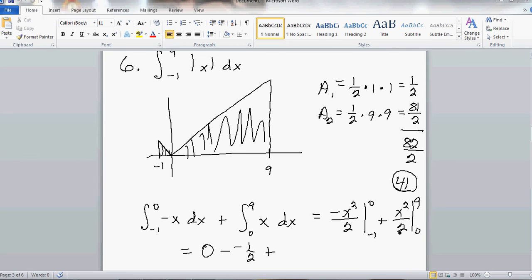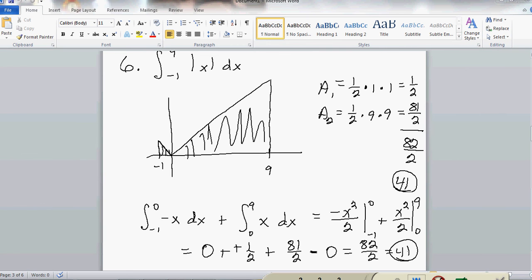Plus, now I need to do the same thing here. Plug in the 9. 9 squared is 81 over 2. Minus, plugging in the 0. 0 squared over 2 is 0. And notice this turns into a plus. We get 1/2 plus 81/2, which is 82/2, which equals 41. Once again, we get the exact same area.